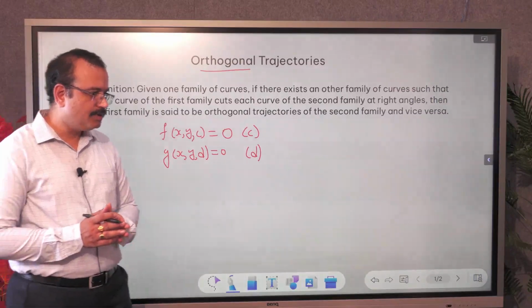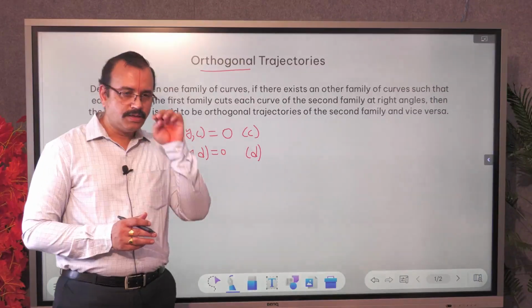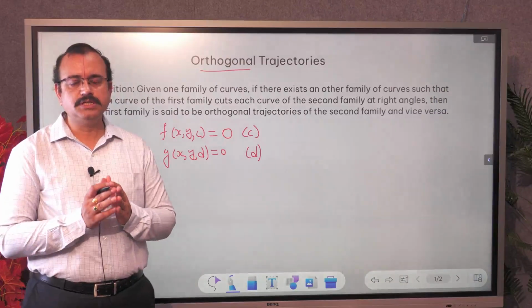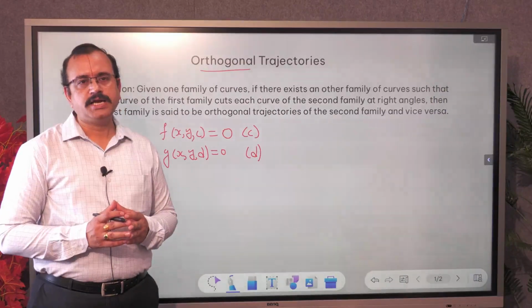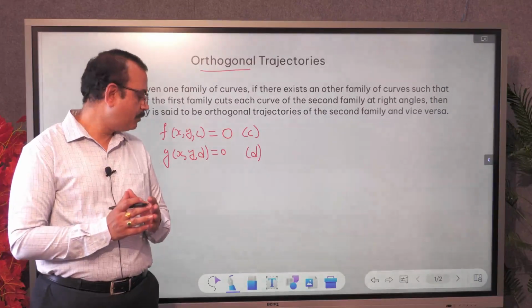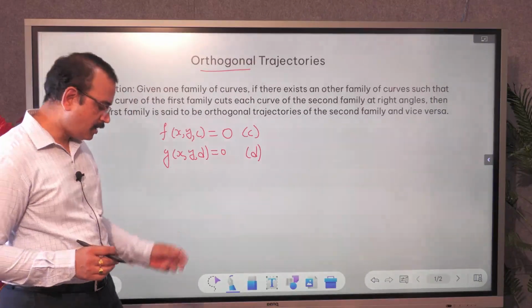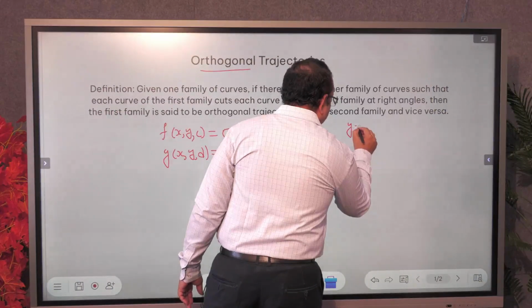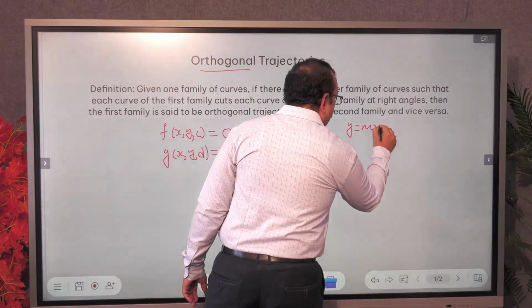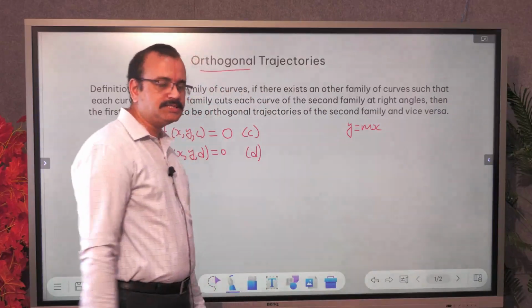Now first of all, let me tell you what we mean by a family. A family consists of infinitely many curves satisfying the same property. Let me explain with one small example. Suppose we have a curve y is equal to mx.